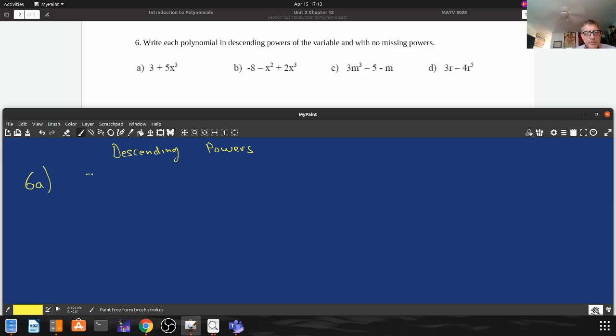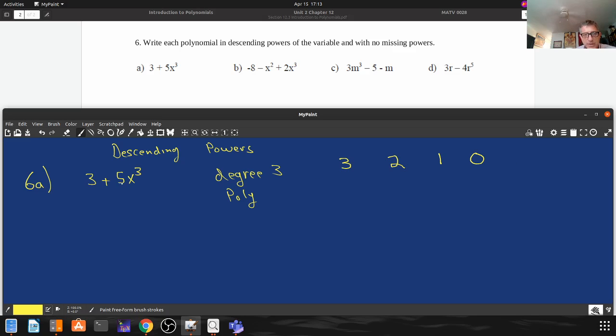6a is 3 plus 5x cubed. This is a degree 3 polynomial. So we want the degree 3 term first, degree 2 term after that, degree 1 term, and the degree 0 term, which is the constant term.